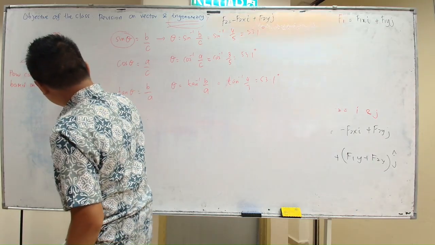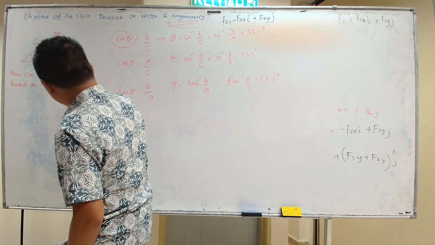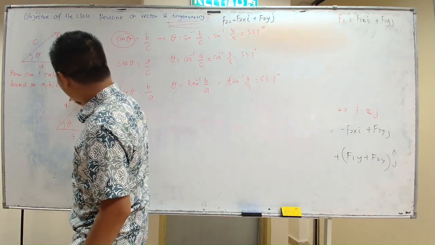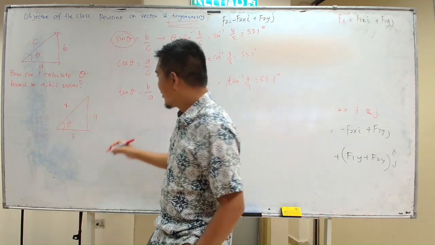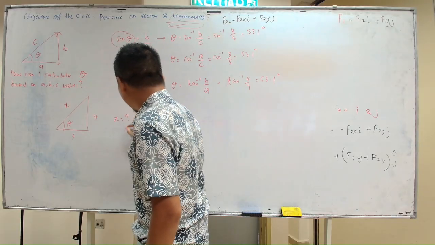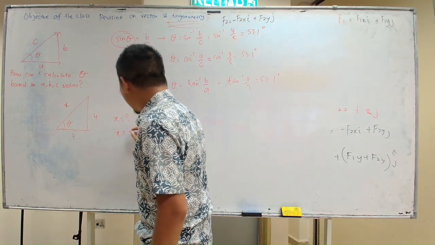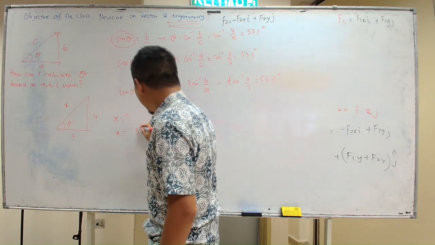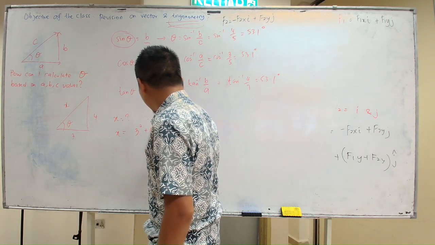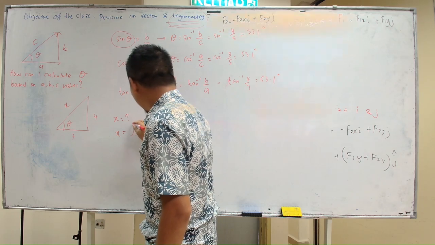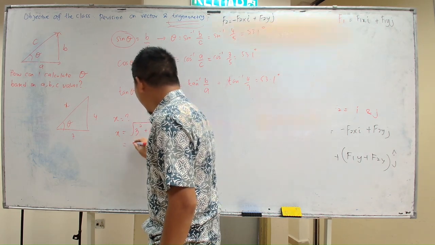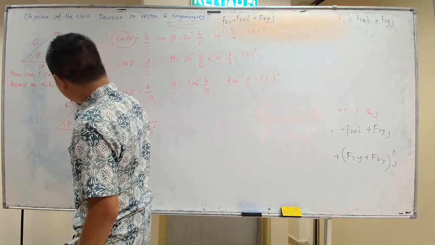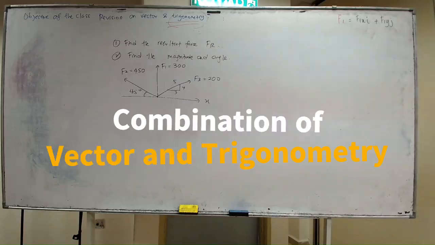So let's say I name it as X. So what is the X value? The X value you can get by using 3 power of 2 plus 4 power of 2, then square root. So what is the X value? 5. Okay.